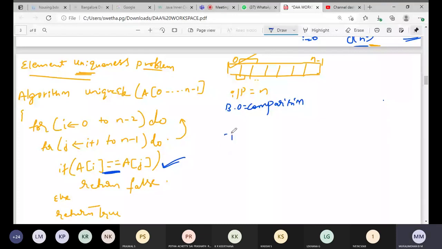Let me take this time as t of n. t of n is equal to, for each j loop, j equals i plus 1 to n minus 1, this basic operation is executing one time. And this entire thing is executing for each i equal to 0 to n minus 2. Yes or no?